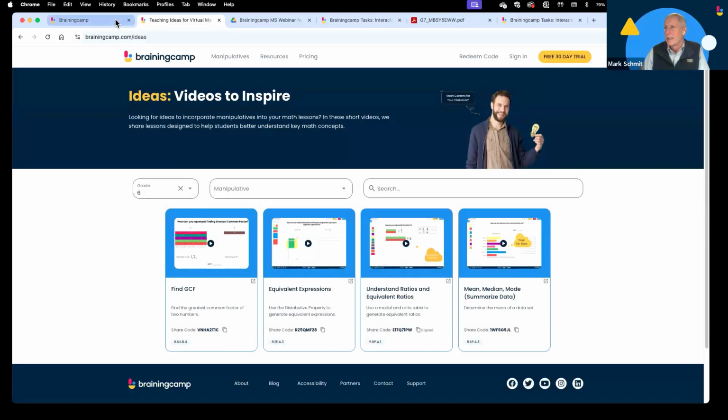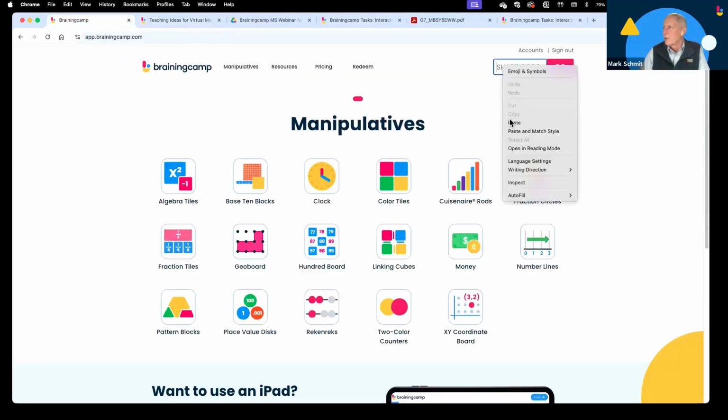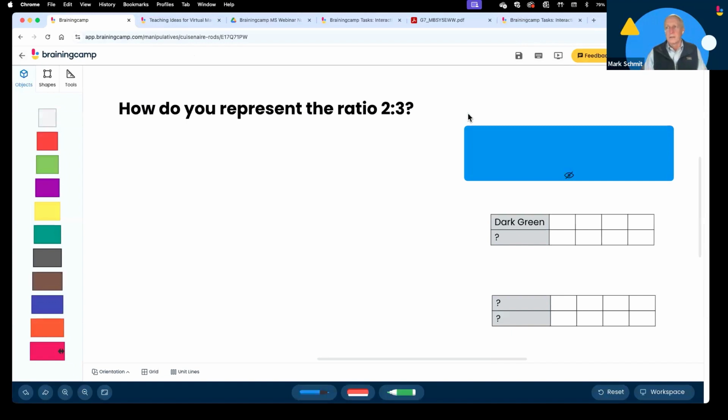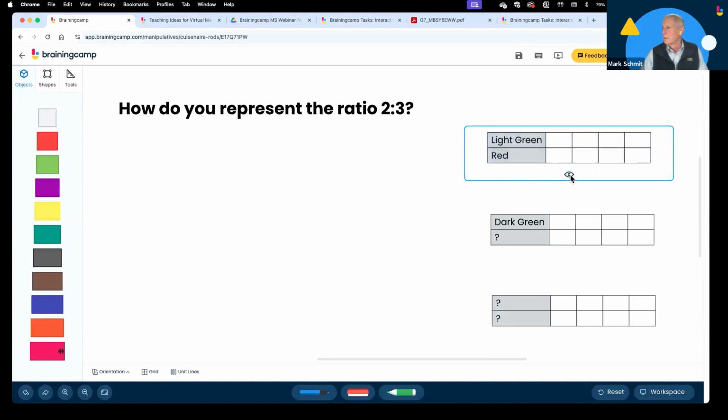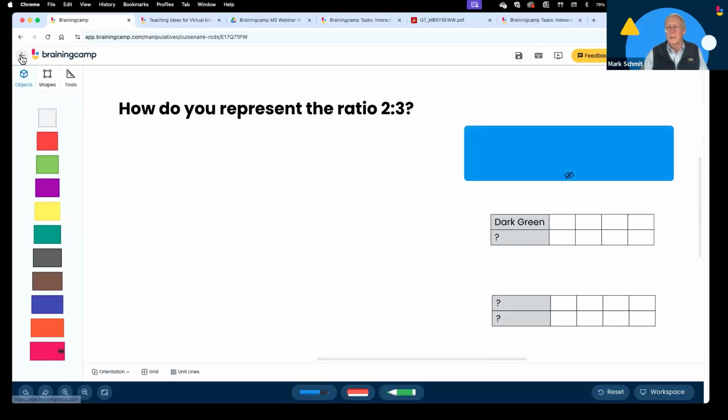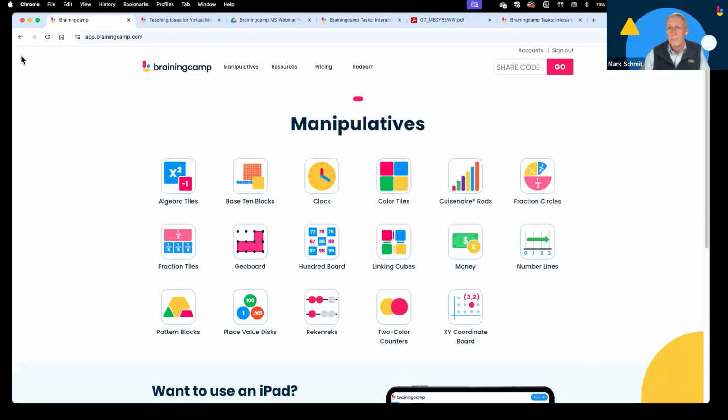I can copy that, and now take that share code, put it in that share code box, and you've got something you can start with. You can watch the video. I don't think any of the videos are more than 45 seconds.